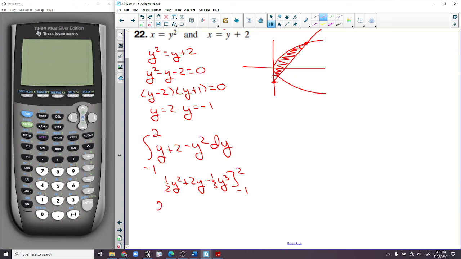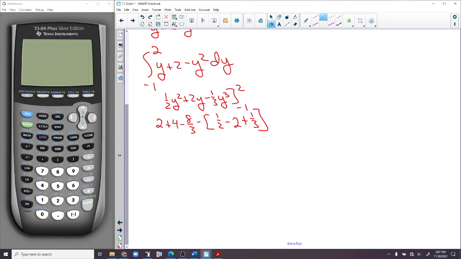Four over 2 is 2 plus 4 minus 8/3. There's the 2. Minus, that'll still be, let's see, that'll be a half. That's minus 2. And that'll be plus 1/3. All right, so 2 plus 4 is 6. How about we go 2 plus 4 is 6, plus 2 is 8, minus 8/3, minus 1/2, minus 1/3. 6 again.